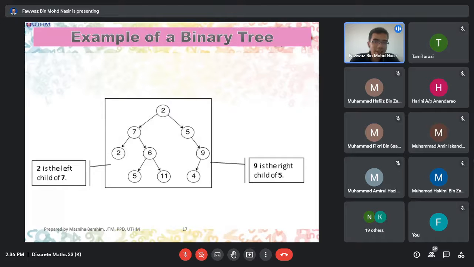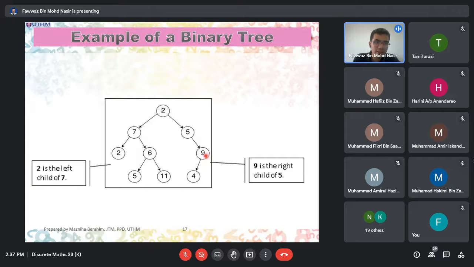Kemudian kita boleh categorize juga children tu based on position dia. Okay, jadi mana-mana children yang is positioned on the left hand side is the left child. Okay, mana-mana child that is positioned on the right hand side is the right child. So dalam case ni contohnya 2 is the left child of 7. Okay, 6 is the right child of 7. Okay, sama juga kalau dia hanya ada 1 child saja.